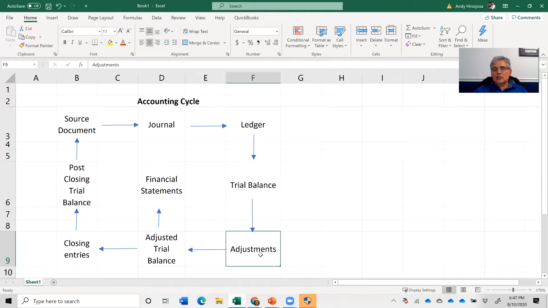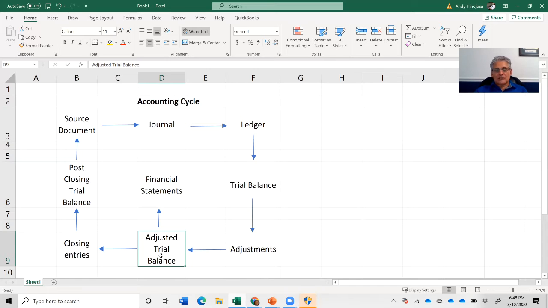Now, after these adjustments are entered into the accounting system, we then generate an adjusted trial balance. This trial balance and the adjusted trial balance are really the same thing in terms of the formatting. It's just the timing. This trial balance comes before adjustments, and this one comes after adjustments. So therefore, we refer to it as an adjusted trial balance.